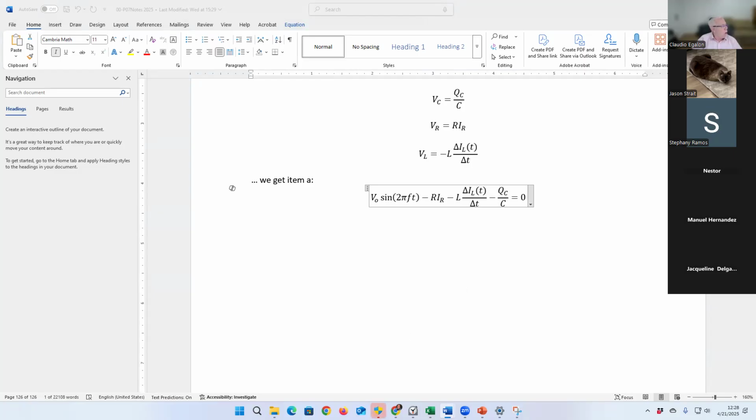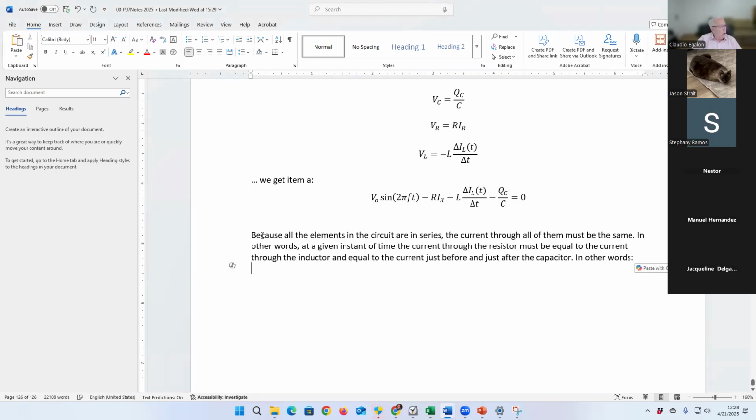You know, because all elements in the circuit are in series, the current through all of them must be the same. At a given instant of time, the current through the resistor must be equal to the current through the inductor and equal to the current just before and just after the capacitor. That's what I mean by having a continuity, a continuity in time.